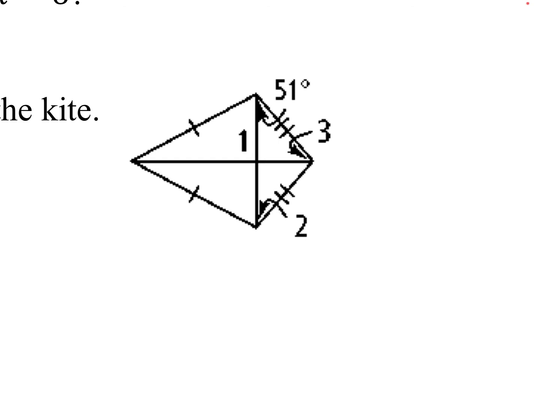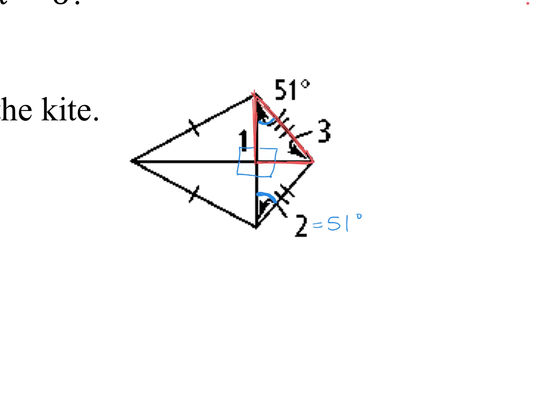Perpendicular diagonals, right? So angle 1 is going to be 90 along with all the rest of those. What's angle 2? 51. These ones here are the same. Okay, so angle 2 is 51 degrees. How do you find angle 3?